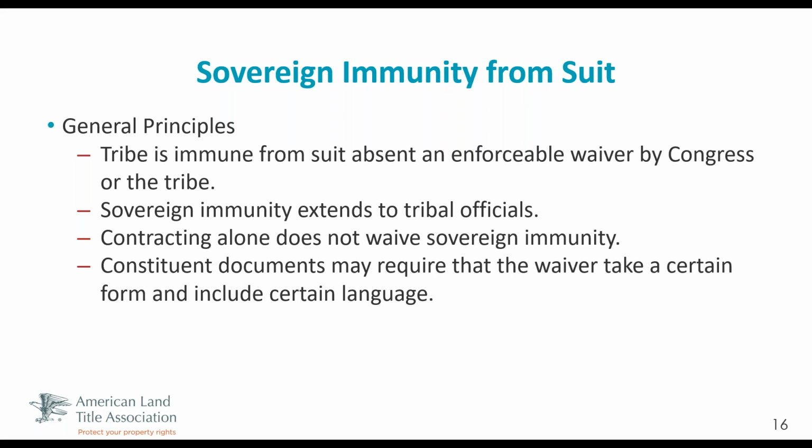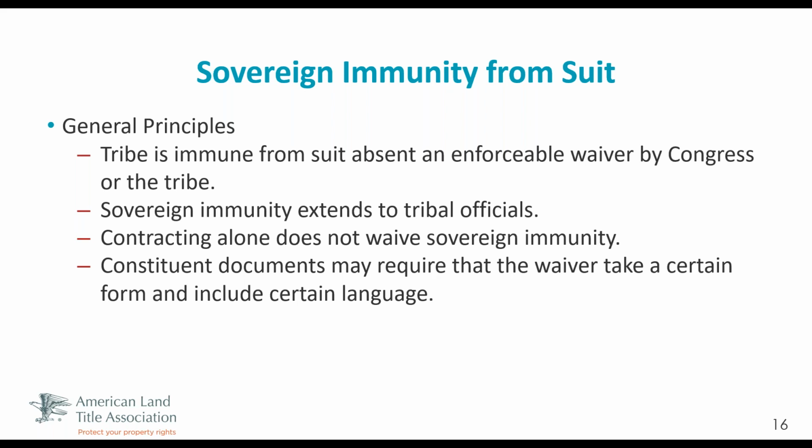If the tribe's or the entity's immunity from suit is not properly waived, then you simply will not be able to enforce that document anywhere, anytime, anyhow. It isn't as though you can take the tribe to tribal court. That just doesn't work. You have to have the waiver. Also, if you are concerned about subrogation rights, the immunity waiver will come into play there as well. Okay, so that's some general principles.